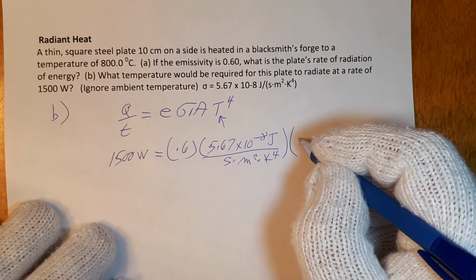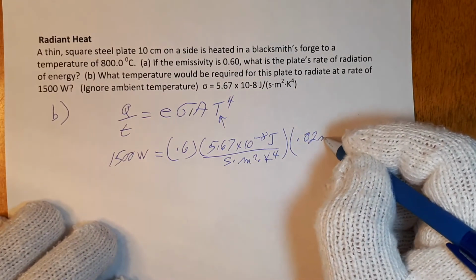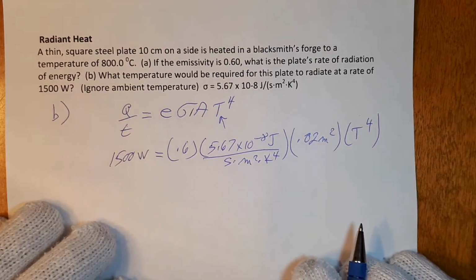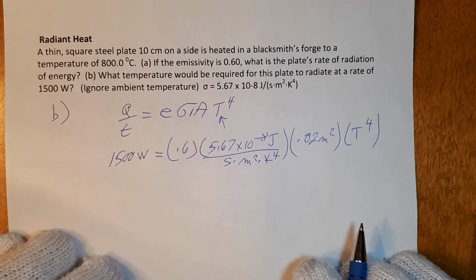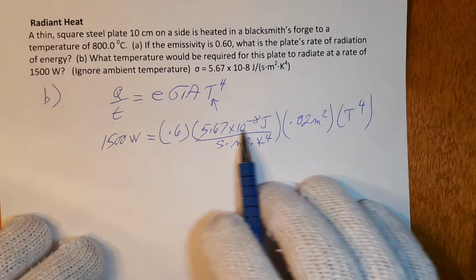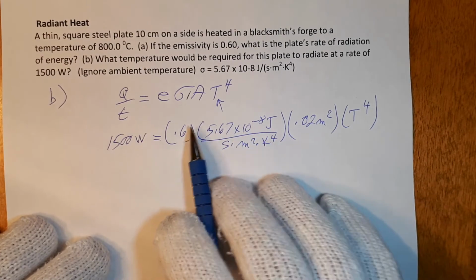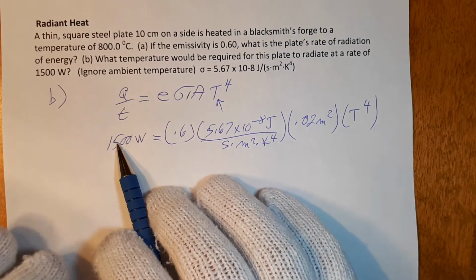Multiply that times the area, and temperature to the power of 4, that's what we want to find. Everything here is multiplied. In order to isolate T to the 4, I'm going to take these three terms and divide it into the left-hand side.